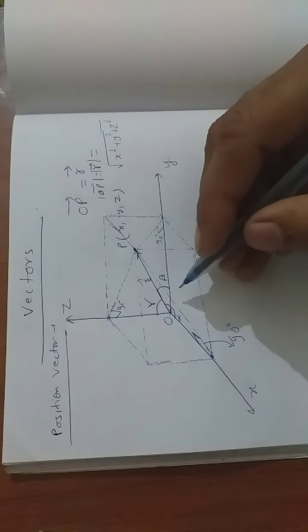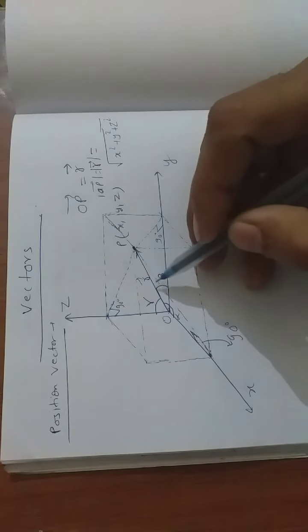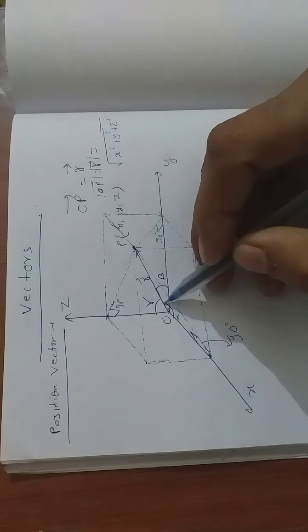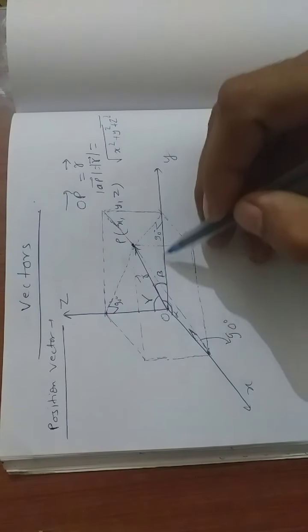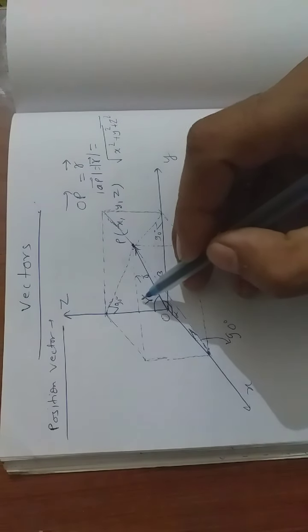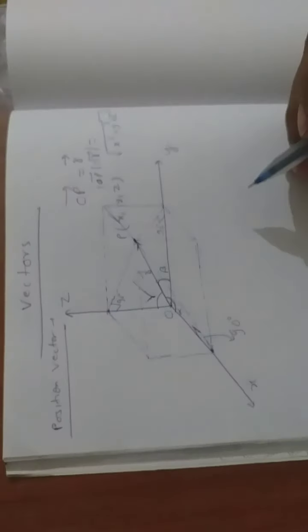Dear students, suppose this vector OP makes an angle alpha from the positive x-axis, angle beta from the positive y-axis, and angle gamma from the positive z-axis.